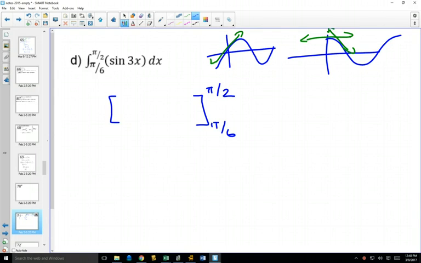And then when I'm working backwards, I say, okay, well, sine is going to have to go to cos, but cos to sine is where the negative happens. So in this case, I'm going to get negative cos 3x, and I have to divide by 3 because I have that constant inside of my function. You could use substitution for this one.